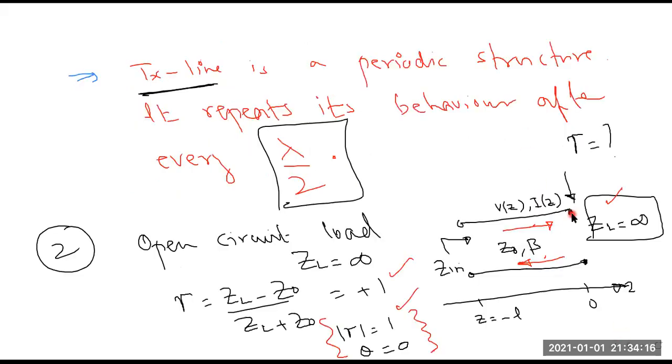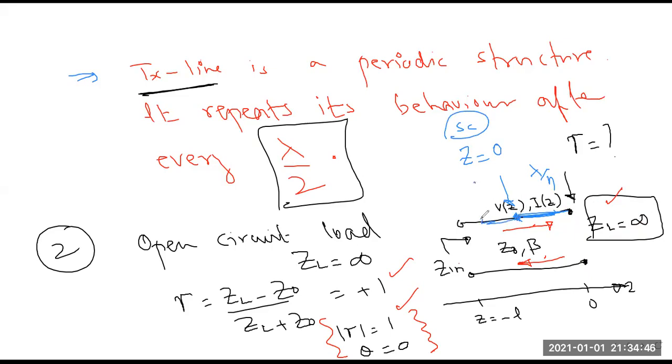So at this point, if you measure the impedance, it is infinity, open circuit. But if you move to some point, somewhere over here, and this distance is lambda by 4, and you measure impedance over here, you will find that impedance is 0, which means it is a short circuit. And then it will repeat itself.